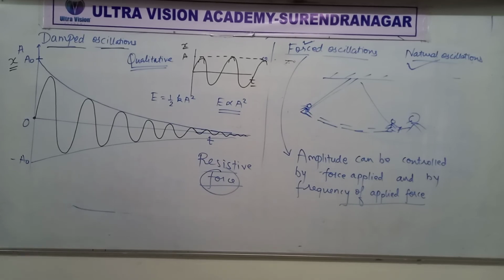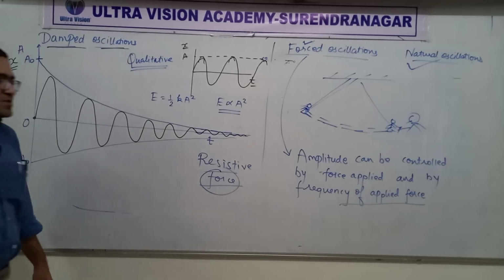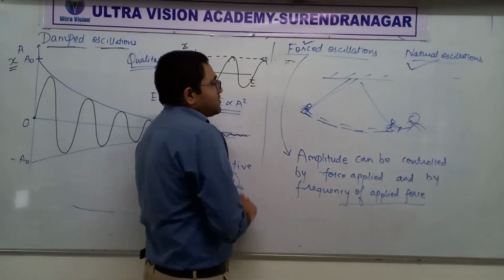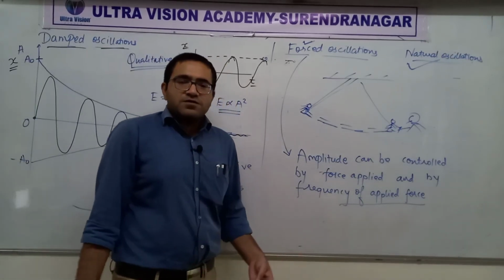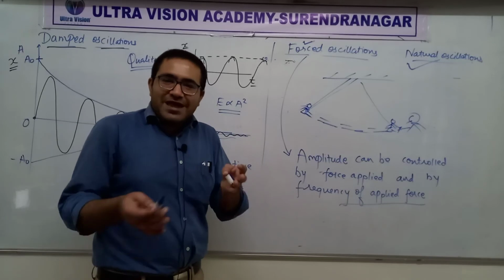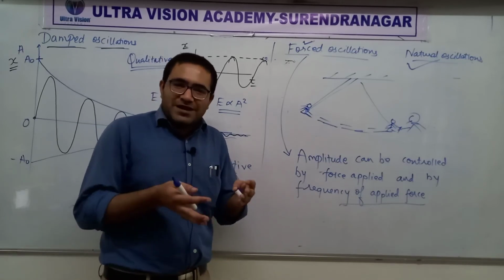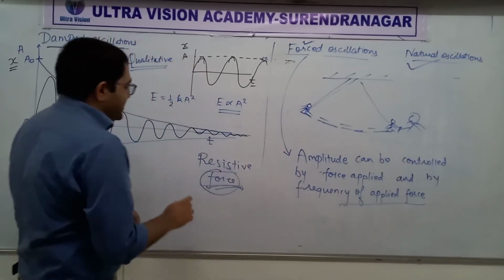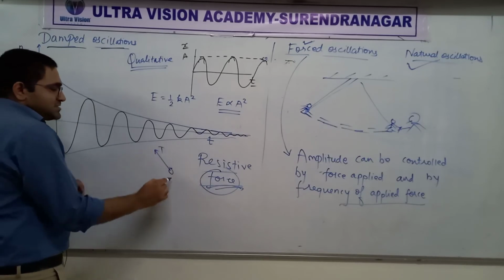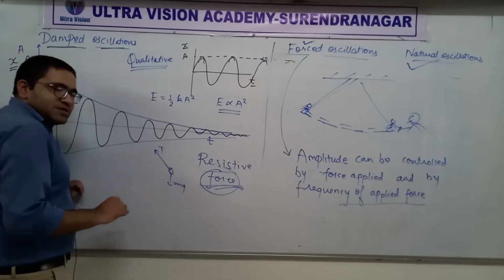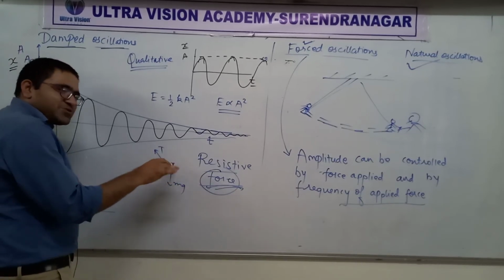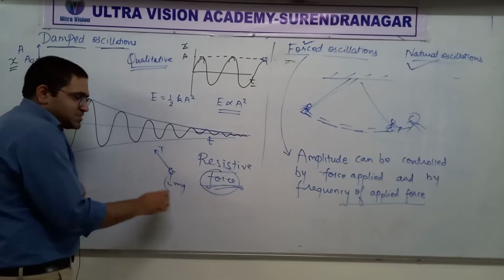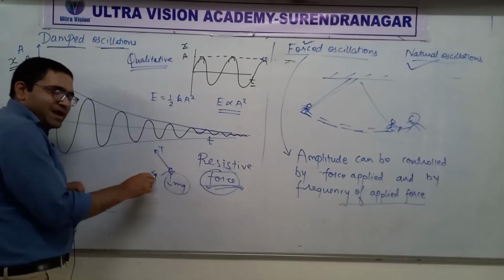Whenever there is any kind of force acting, except the force that makes it oscillate. For example, if you think of a pendulum, there is tension and there is mg, right? Tension actually does nothing. Mg is responsible for bringing it back.